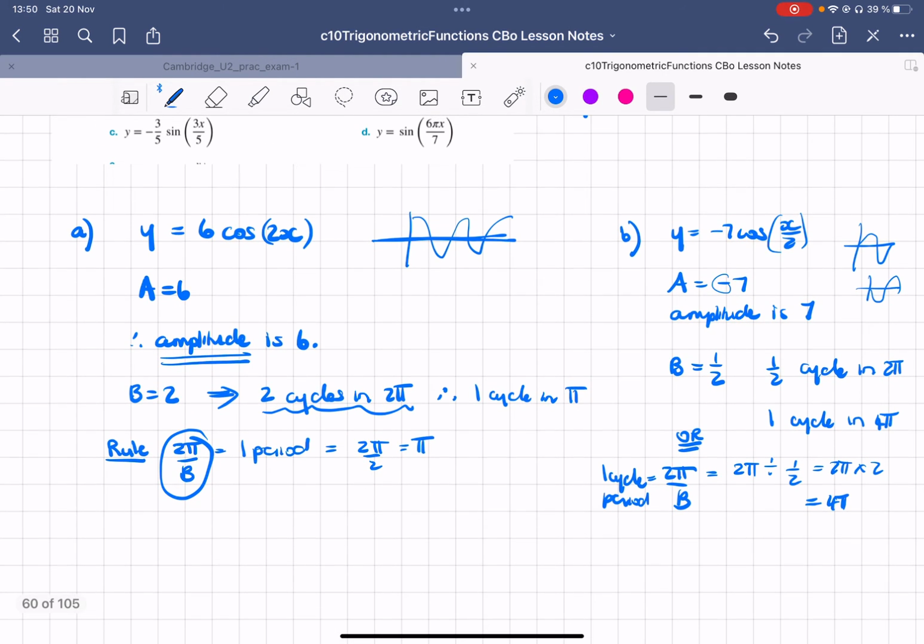If I have a look at C, y equals negative 3/5 sine 3x over 5. So I'm just going to go a little faster. So my amplitude is 3/5 because it's positive.